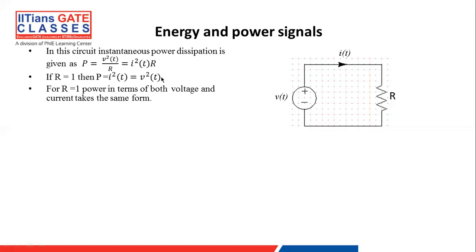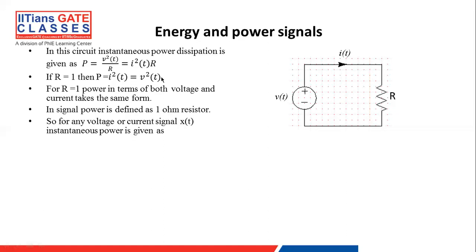That's it. There is no specification of voltage or current. So that's the reason that in signals and systems, the power is always given with respect to R equal to 1. When we put R equal to 1, there is no difference between current and voltage now.